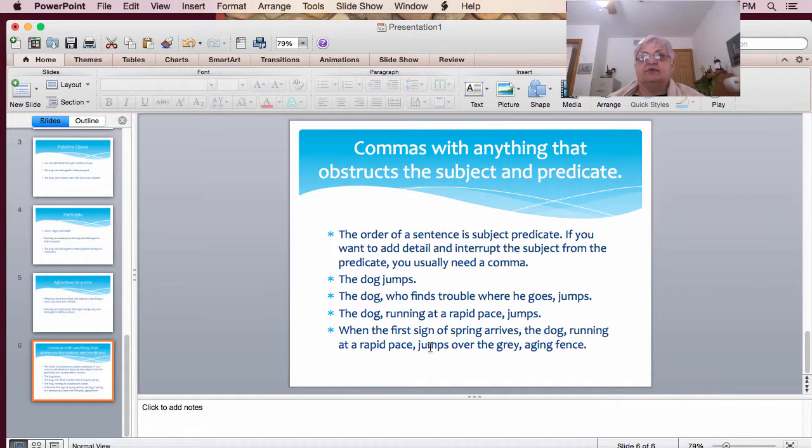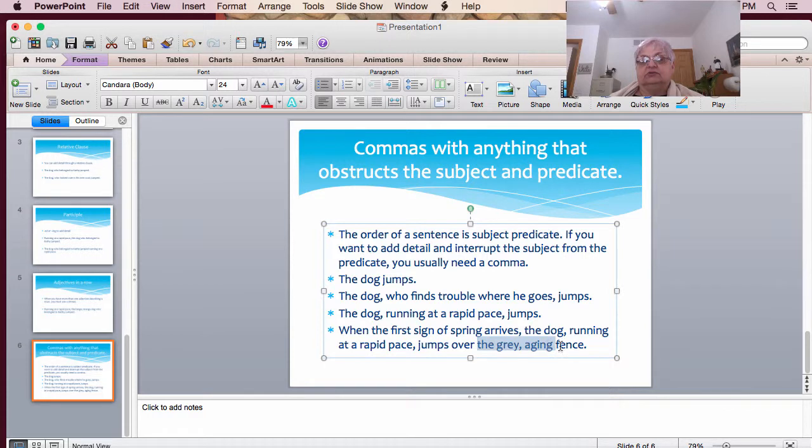Because it comes before the predicate, we have interrupted the flow of the sentence, so we need a comma to tell the reader the subject's coming. The dog, running at a rapid pace, jumps over the gray aging fence. Notice the commas.